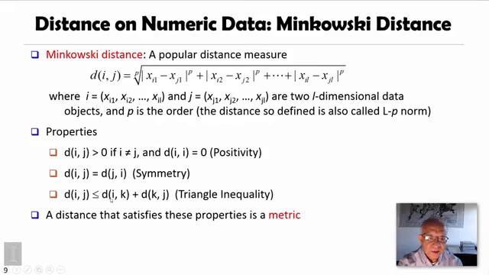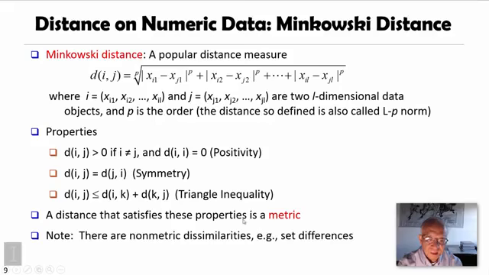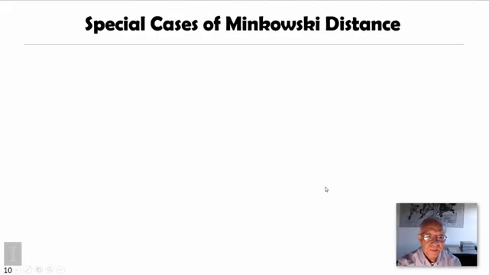A distance measure that satisfies these 3 properties is called a metric distance. Notice not all distances are metric. For example, set distance is not metric. Of course, in this lecture, we mainly discuss metric distance.